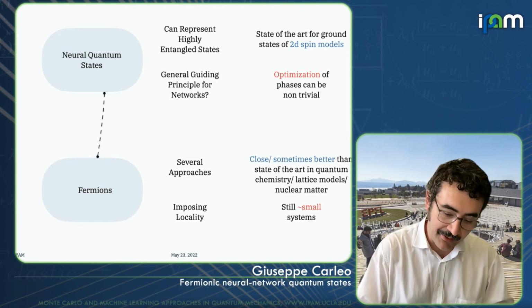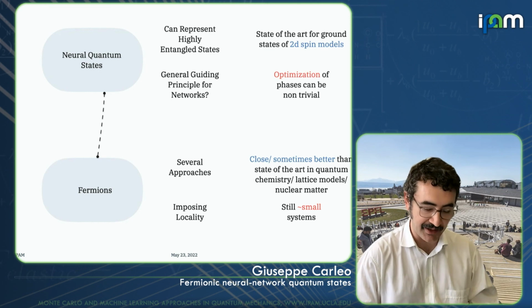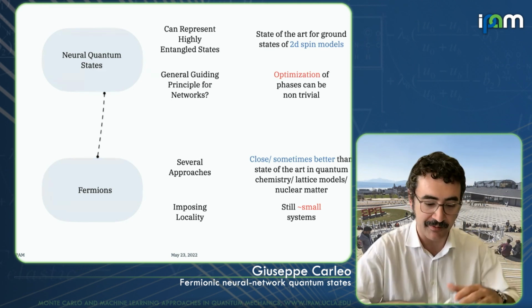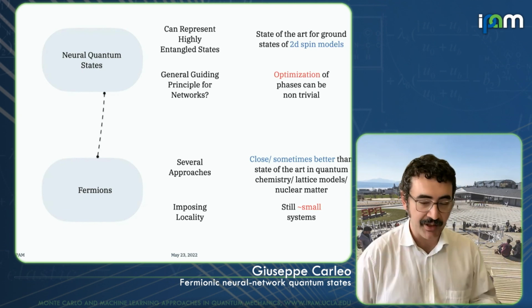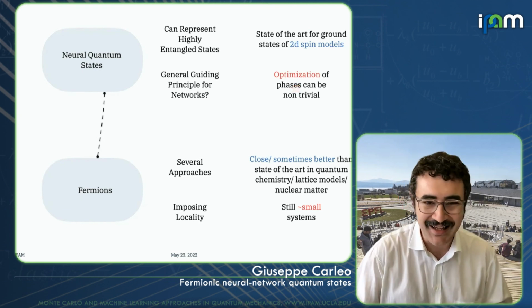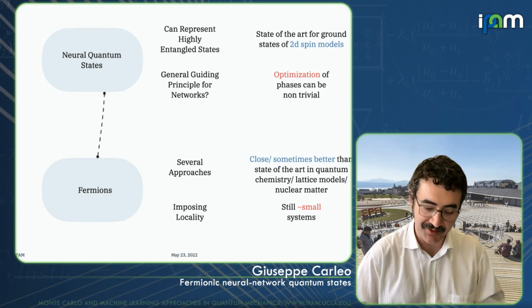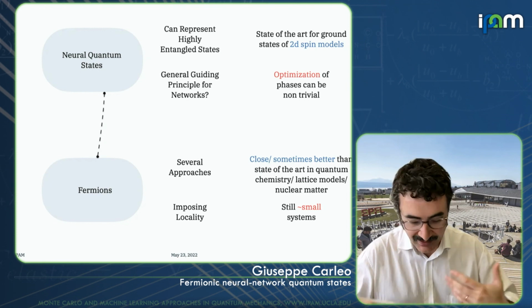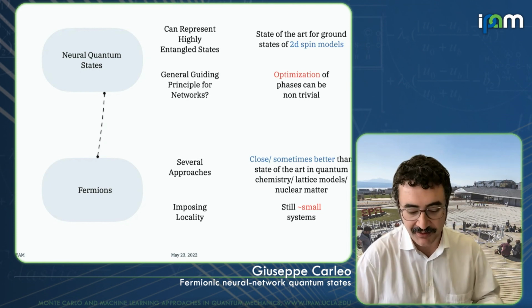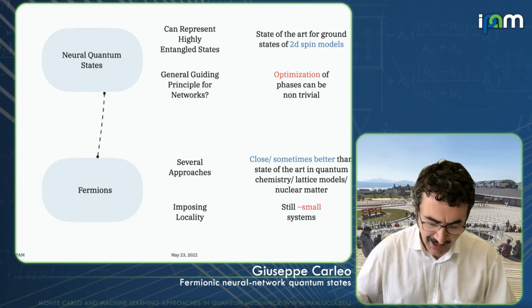So, for example, if you have models with phases, let's say the J1, J2 model, or some model where the phase of the wave function can be highly non-trivial and disordered, in this case, standard optimization techniques don't seem to play very well with this kind of variational landscape. There are ways to alleviate this problem, for example, using symmetries, but still, this is one of the things where most of the work is being done.